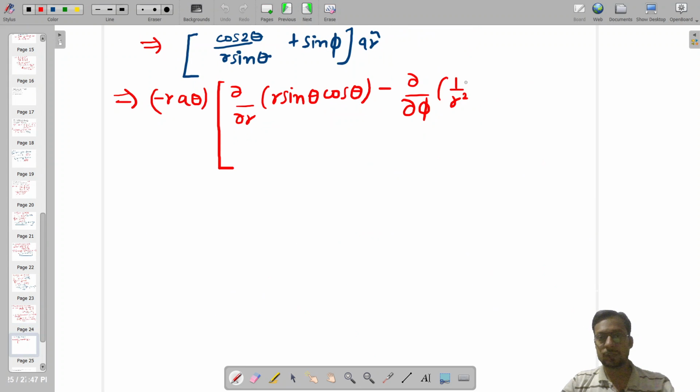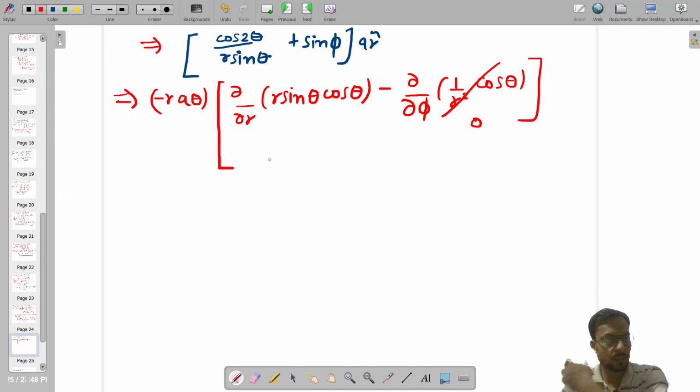So this is 0 and this will give r sine theta cos theta. So we have minus r sine theta cos theta a theta.